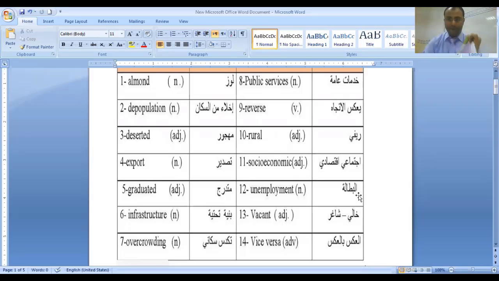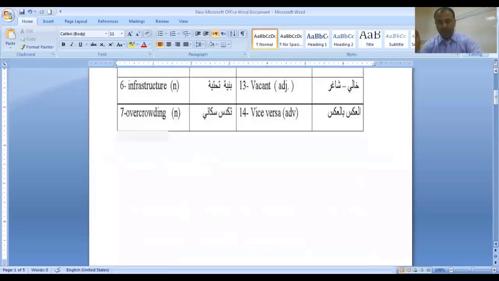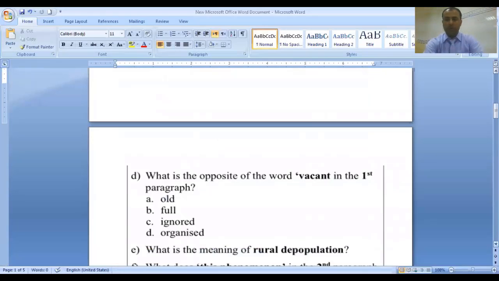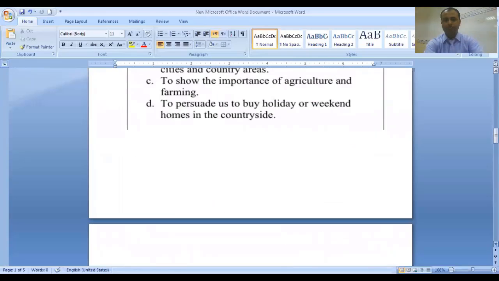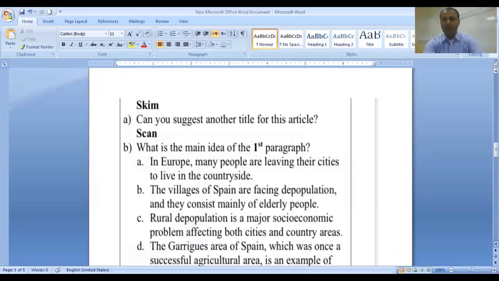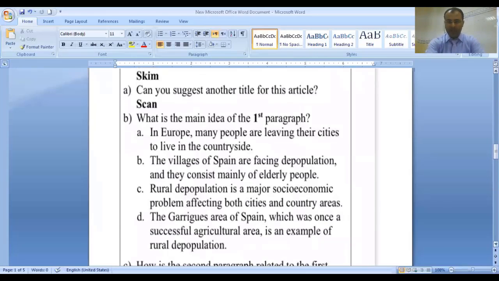I have a question regarding this first paragraph. What is the main idea of the first paragraph? Just read it and tell me the main idea.